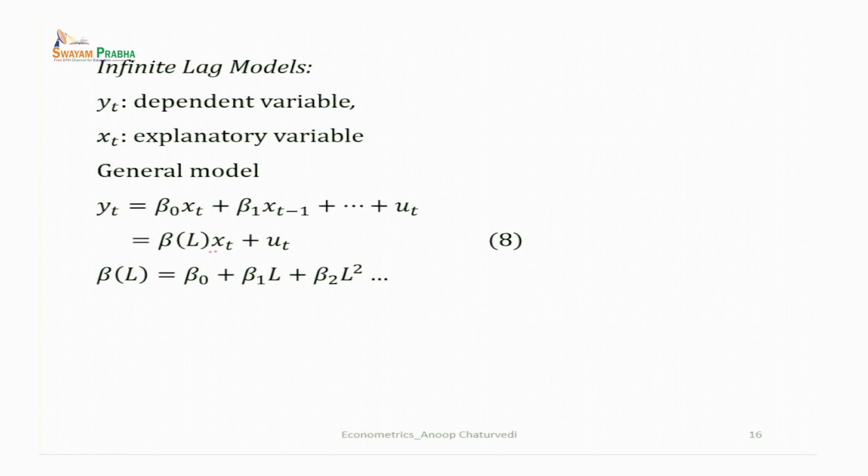So, obviously, beta L x t is equal to beta naught x t plus beta 1 x t minus 1, so on. Now, it is not possible for you to estimate the coefficients of this infinite distributed lag model directly. Actually, the model has infinite number of parameters beta naught, beta 1, so on. So, you have infinite number of parameters.